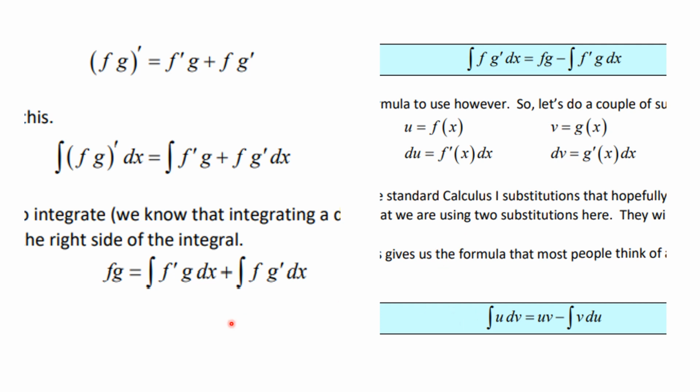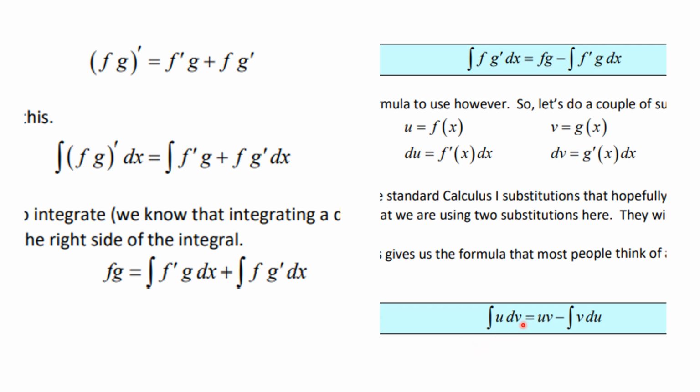Notice that what I'm doing is I'm solving for this part right here, and that is going to be u dv. So again, the formula to remember is the integral of u dv is equal to uv minus the integral of v du. This is committed to memory, and it is a double substitution.